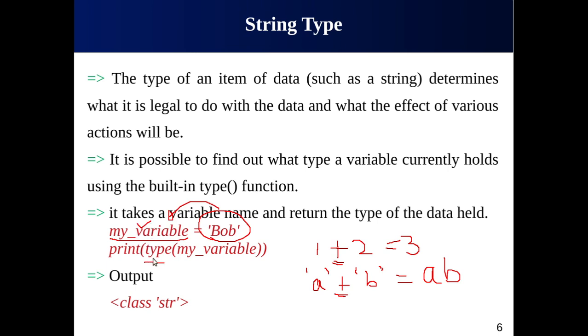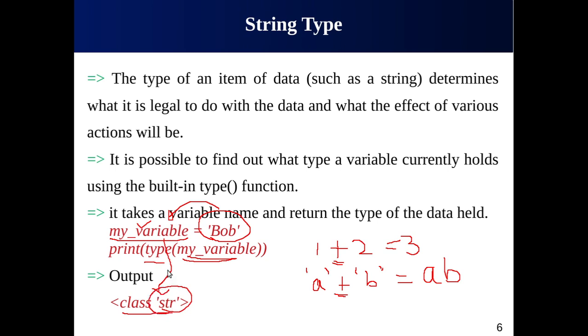For that, you have to use the built-in function type. And inside the parentheses, you provide the argument or parameter, which is my_variable. The output of this program is going to be class str. It means that the type of data this variable is holding is actually string type. And this is the type of a string as well.